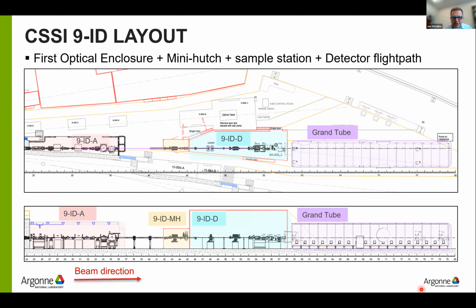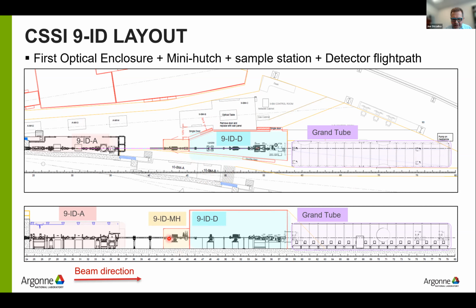This slide shows you an overview of our new beamline that will be built at 9ID. The A station is being retained from the current 9-ID-A. Otherwise, we're having new structures built nestled in between 9BM and 10BM down here. In the overhead view, you can see a mini hutch, a D station, and the grand tube that Jin was telling about in his introduction.